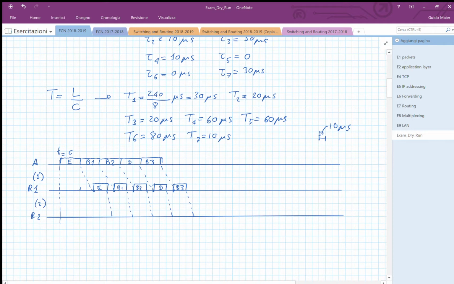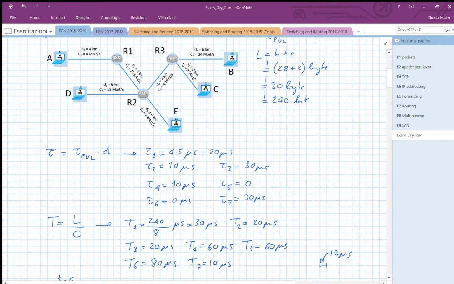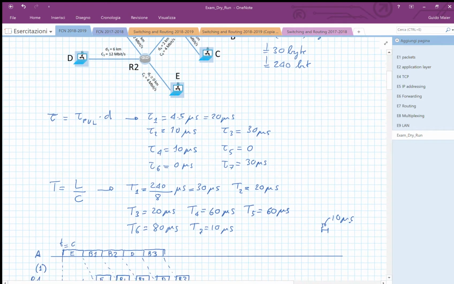Now, what happens in R2? In R2, we have different output ports according to the destinations. So all the packets that are going to B will go towards R3, crossing this link number 4. Then there is the packet that is going to E, that is going out on this link, and the packet going to D is taking another route.